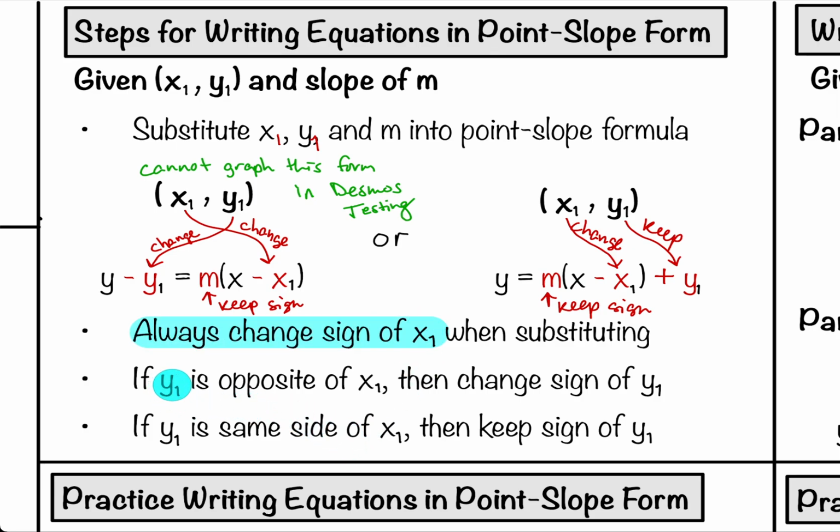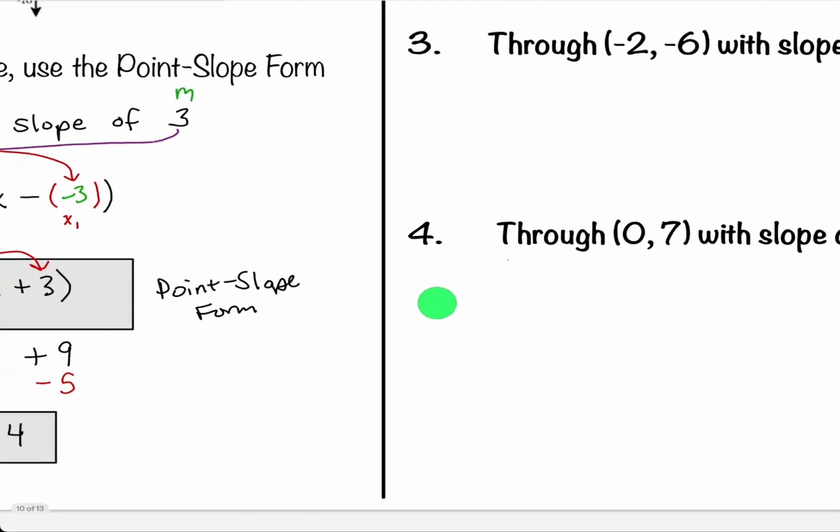Now, if y1 is the opposite sign of x1, then we're going to change the sign of y1. If y1 is the same sign as x1, then we're going to keep the sign of y1. So let's practice this.